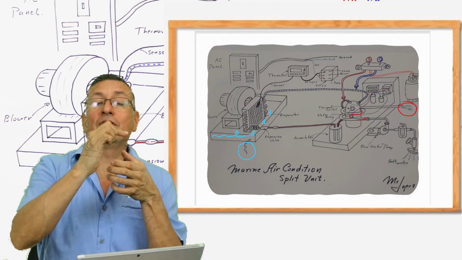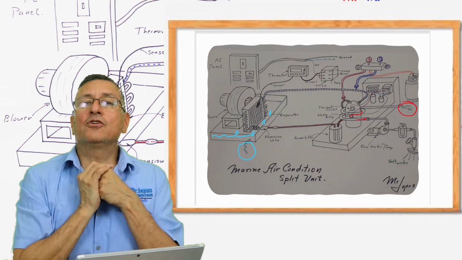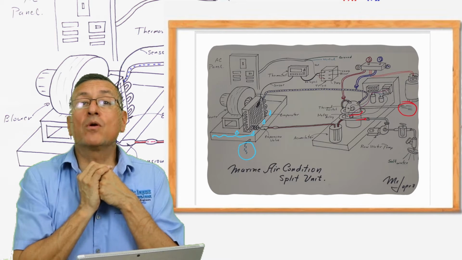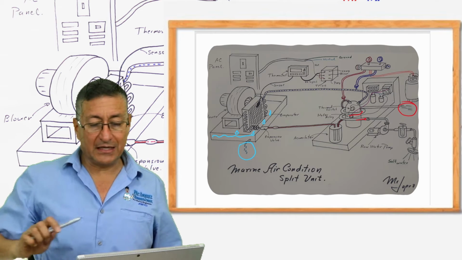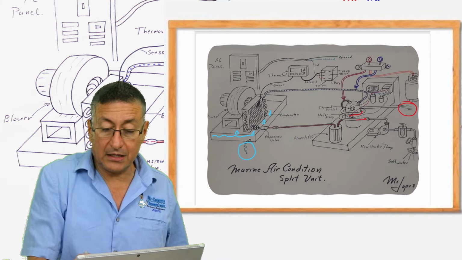At the output of the evaporator, the refrigerant is completely vapor, superheated vapor. And this is the vapor that enters here in the compressor.